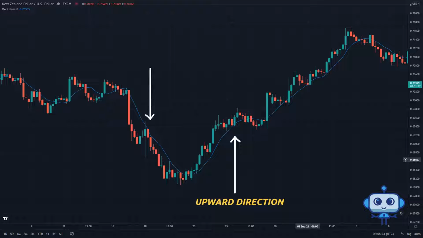Conversely, if the price stays below the moving average line, you can say the price is in a downwards direction. This is just the simplest method of looking at the trend direction. However, it's worth knowing that the moving average tells you only about the general direction of the trend. For a deeper understanding of the trend, you will also require other technical indicators.